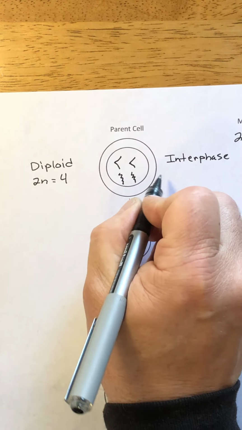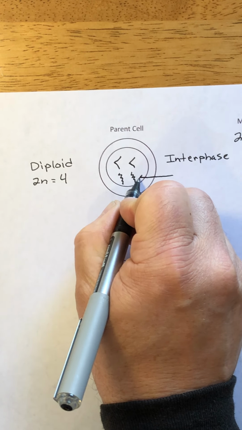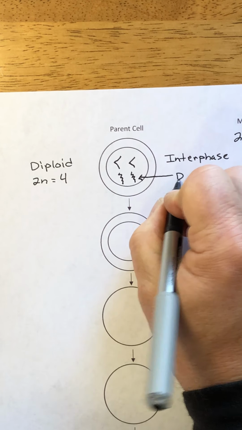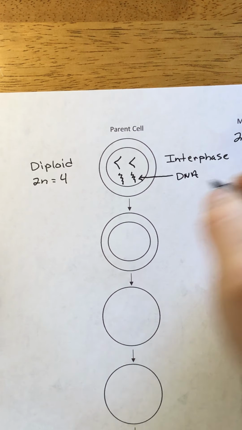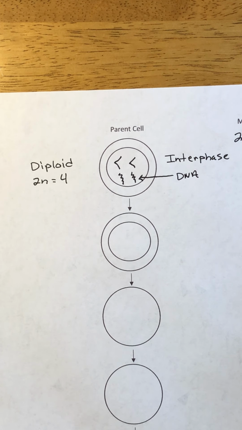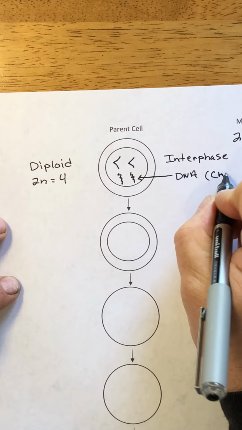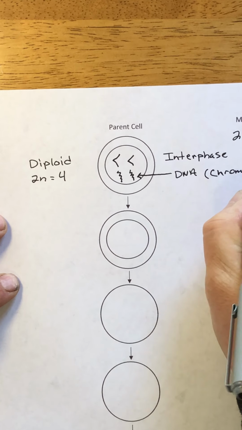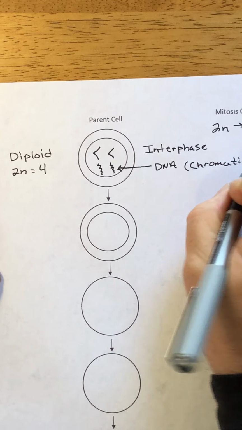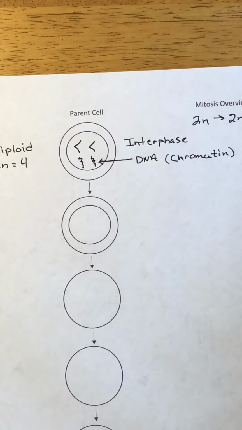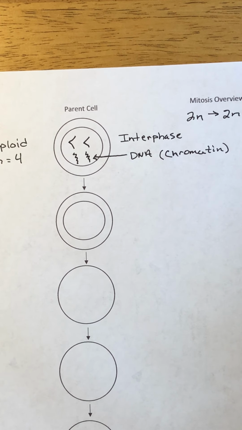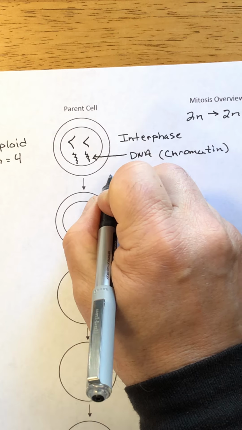Okay, this is our DNA. And the DNA early on, before it's replicated and condensed to form those duplicate chromosomes, is in this loose, unconsolidated form called chromatin. And so again, interphase. Remember that DNA is going to replicate.